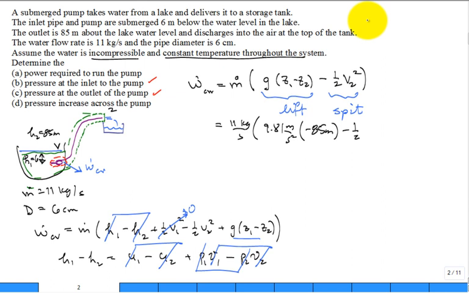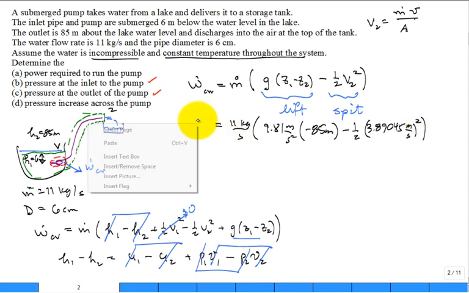V2 is the mass flow rate multiplied by the specific volume divided by the area of the pipe. And V2 comes in at 3.89045 meters per second, then you square that.